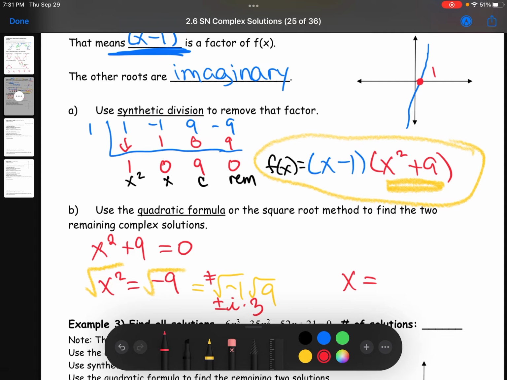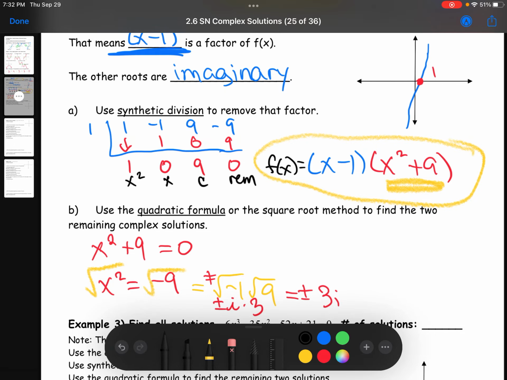So our solution here is plus or minus 3i. i for the imaginary, 3 for the square root of 9. So plus minus 3i is the solution to that second factor, the x squared plus 9 factor.